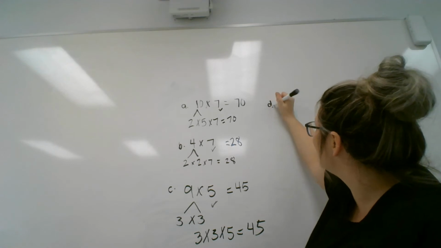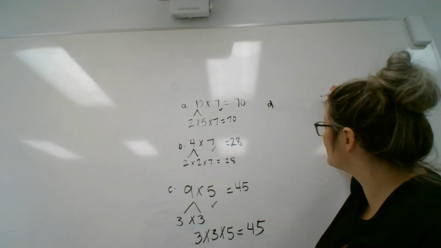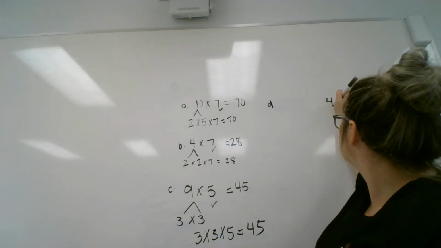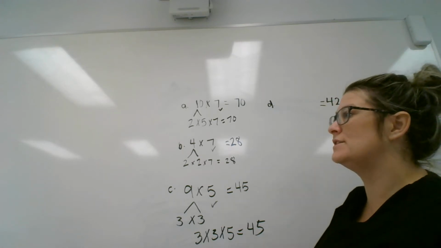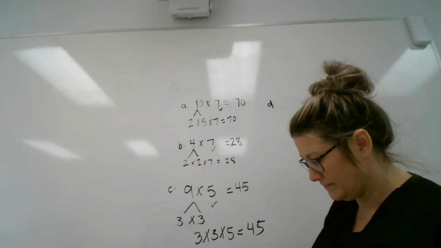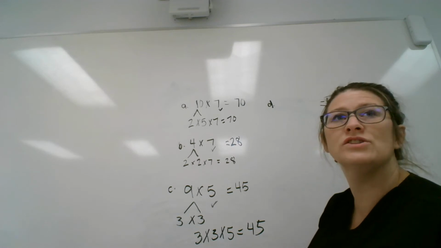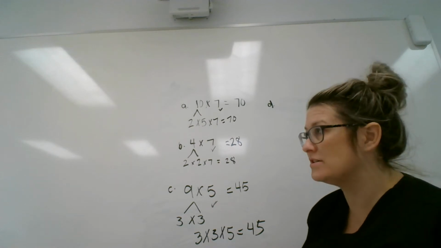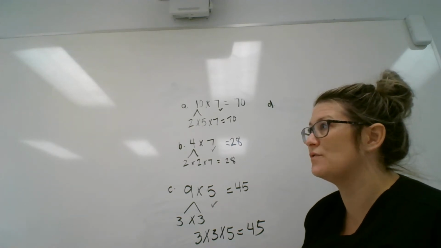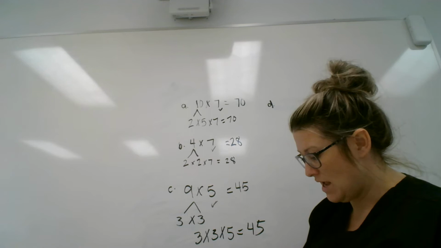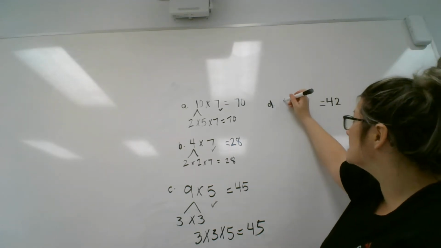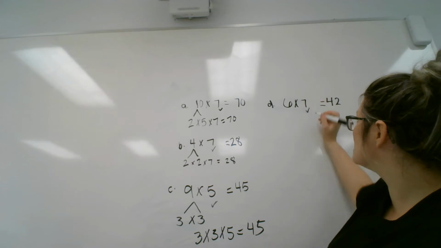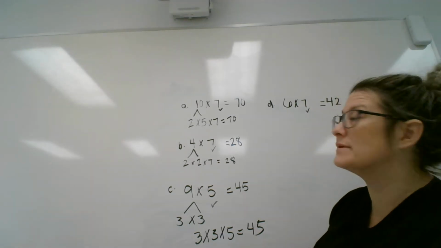Problem D looks like this. Equals 42. All right, so which two numbers do I multiply together to get 42? I'll help you. 6 times 7. I know 7 is a prime number, so I don't have to do anything with 7.